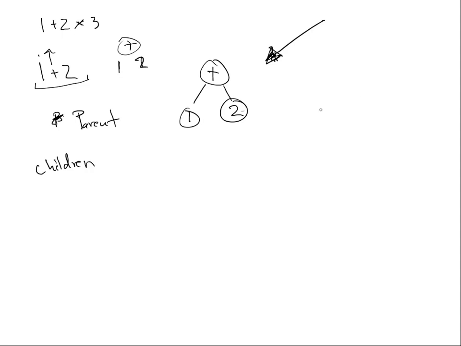A binary tree is a tree where every parent has at most 2 nodes. So it has 1 or 2 nodes, or 0 nodes. Binary trees are used a lot for storing sorted information, because there are some really good algorithms that we can use to traverse a binary tree quickly.